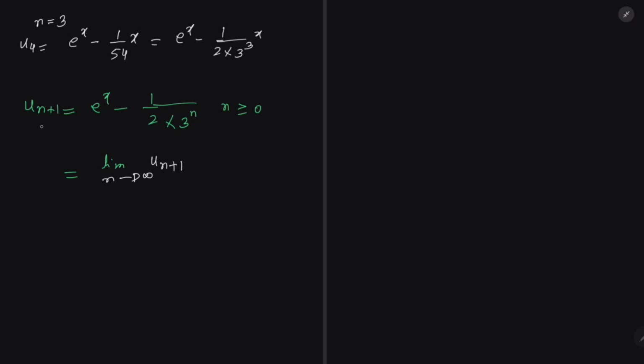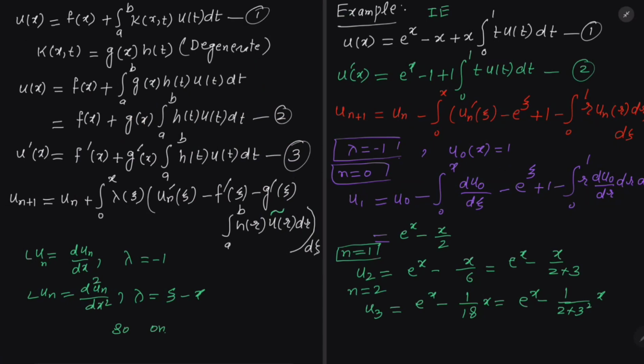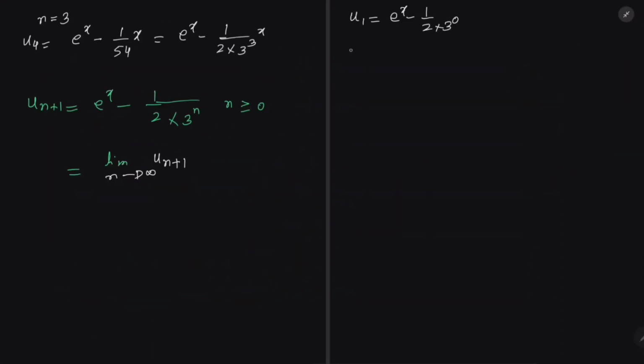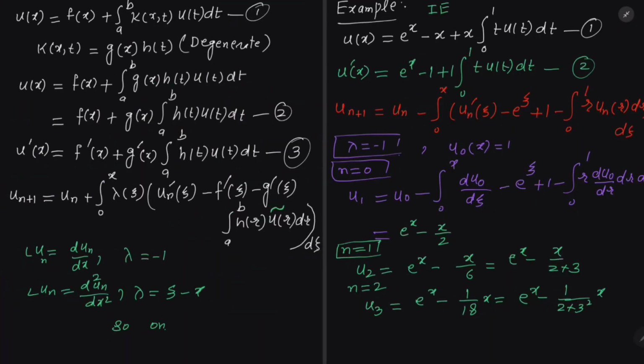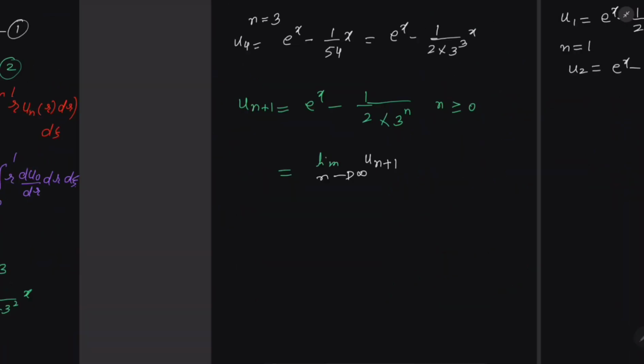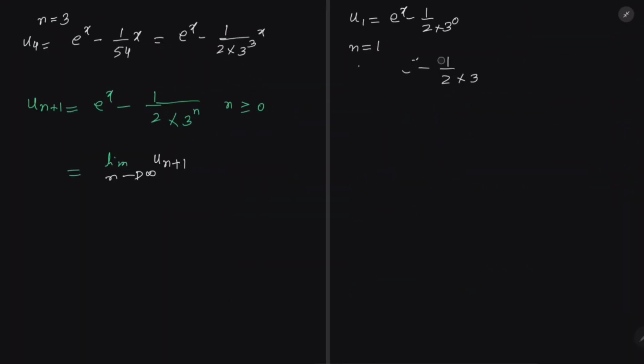Let me just check whether n plus 1 is correct or not. When n is equal to 0, we have u1 equal to e^x minus 1 over 2 cross 3 raised to power 0 times x, so u1 should be e^x minus x by 2. When n is equal to 1, we have u2, e^x minus 1 over 2 cross 3, so we have 6. Correct. So this is correct.